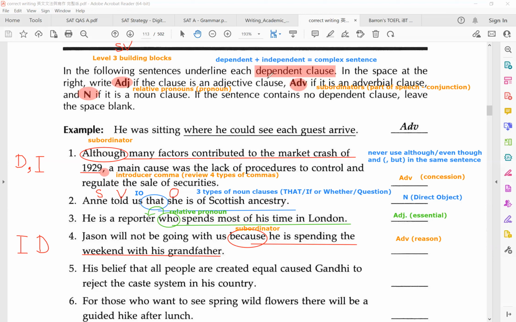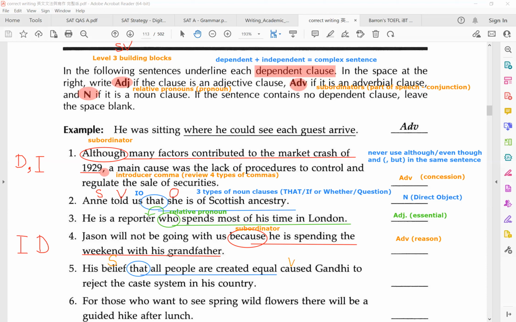Okay, and number 5, his belief that all people are created equal caused Gandhi to reject the caste system in his country. So be very careful that you don't over-underline your noun clause in this case, because your independent clause is his belief caused Gandhi to reject the caste system.